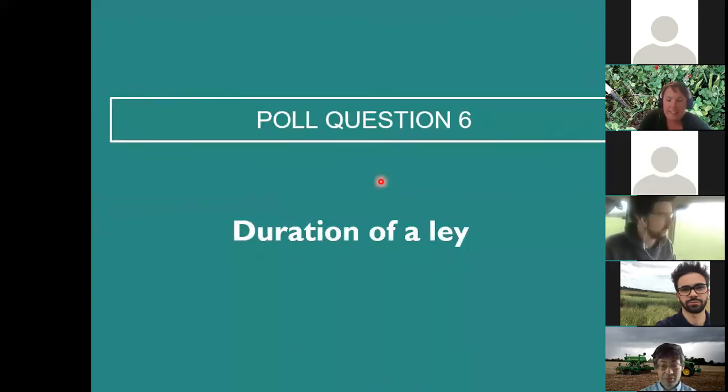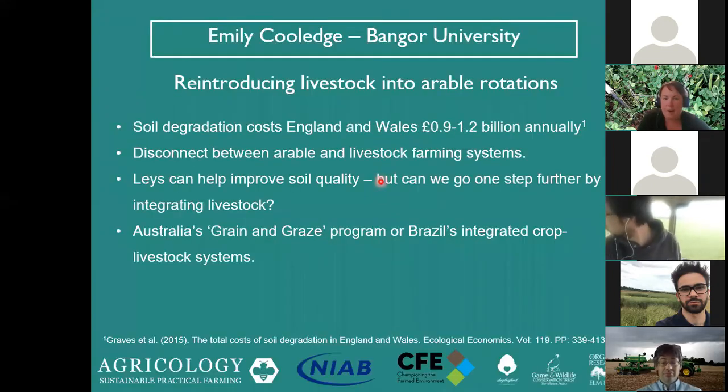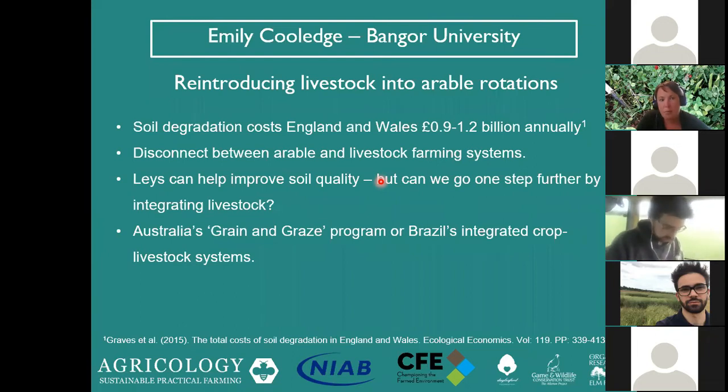So obviously if we're looking at these longer, more diverse lays within arable rotations, then we're starting to think about reintroducing livestock into those systems, either through collaboration or through bringing in your own stock. So I'd like to hand over to Emily, who's going to talk to us about that.